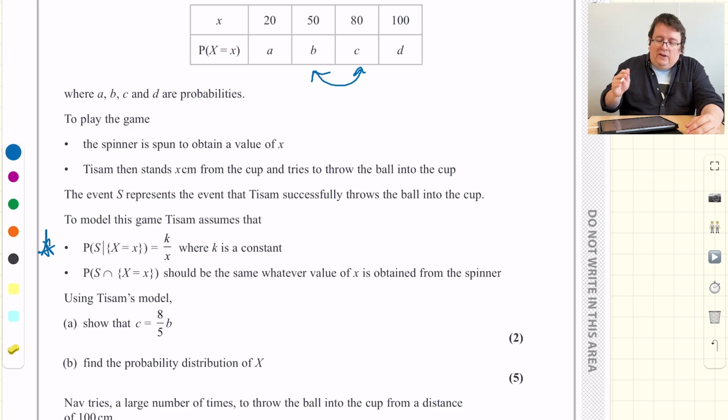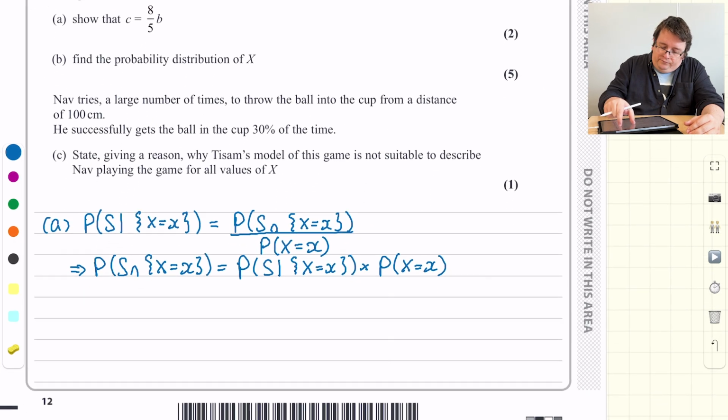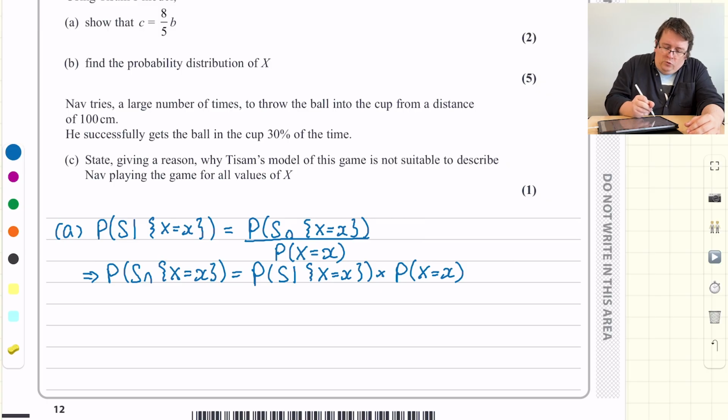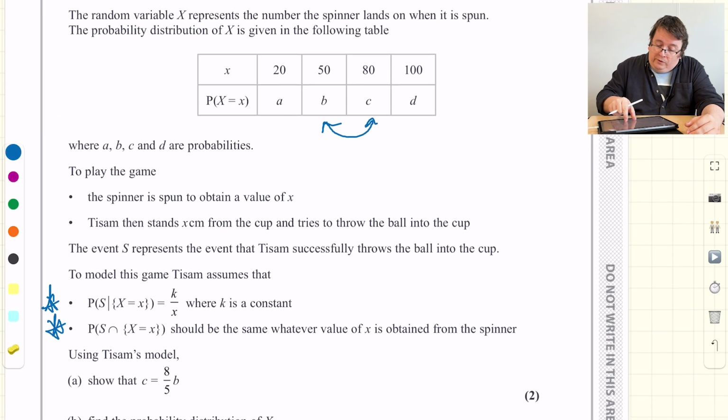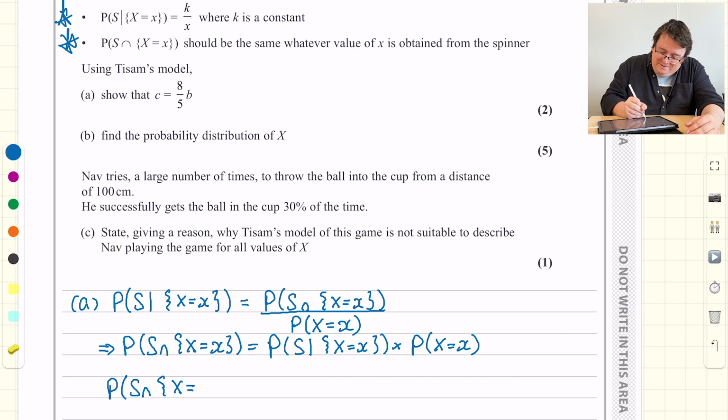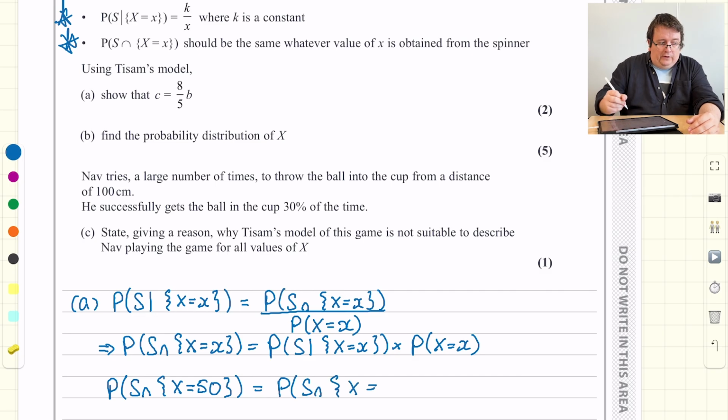So when x is 50 and x is 80, we get B and C. So this part here is telling us that the probability of S intersection x equals 50 is the same, so that's equal to the probability of S intersection x equals 80.